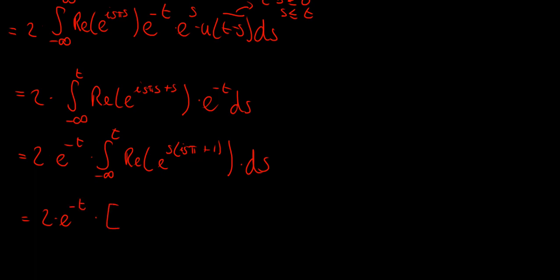Because the integral of this is equal to 1 over i 5 pi plus 1 multiplied with e to the power of s i 5 pi plus 1 from minus infinity to t.